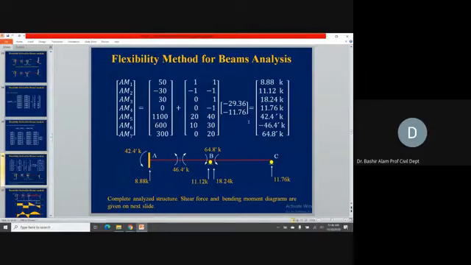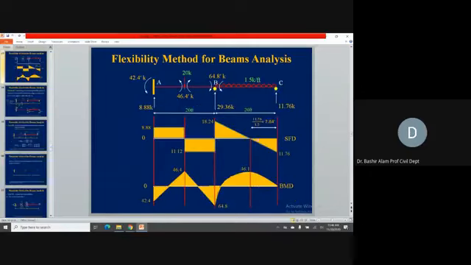And to the right, you see 11.76. Now, when we have the loading diagram and these member end actions, we don't need to do anything else. Now we can draw the shear force, and from this point you can find the distance, find the bending moment value here, and record this. So this is the completed shear force and bending moment diagram.